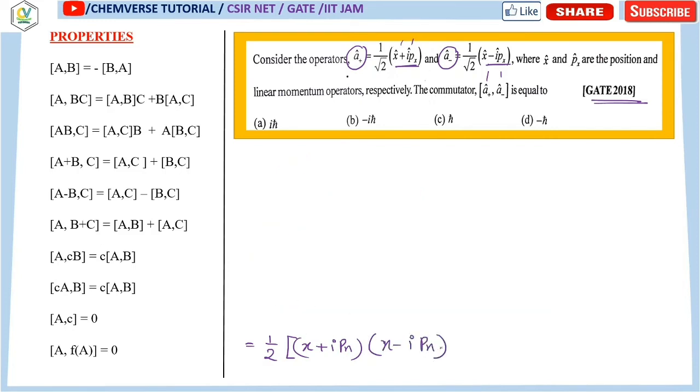So let's determine the value of this part, and there will be only half with it.